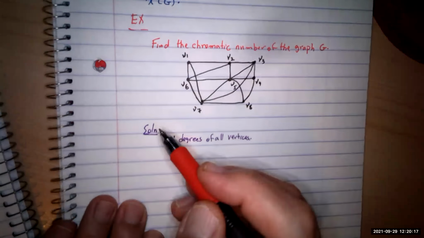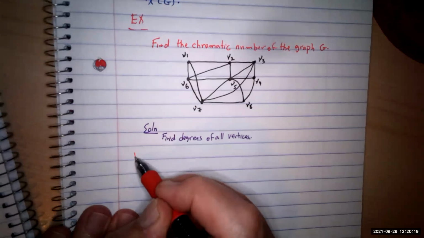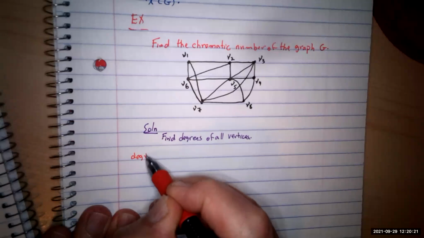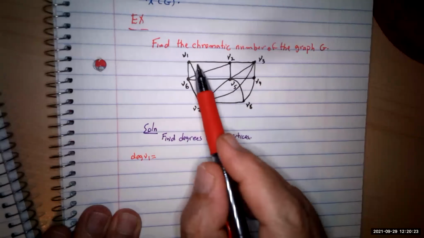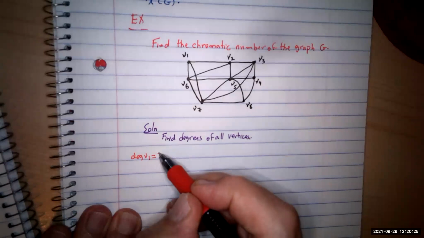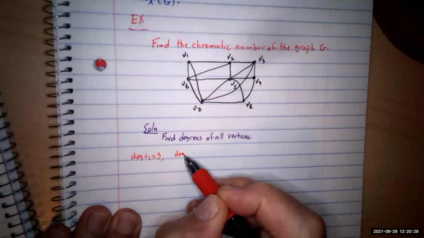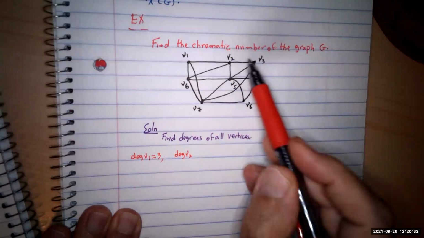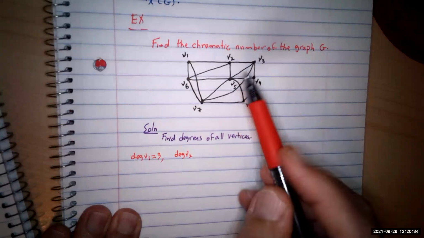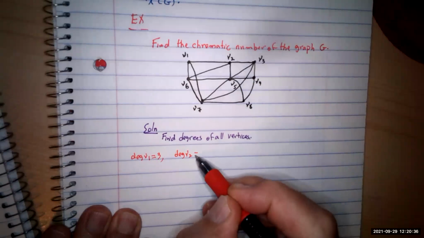So I start with V1. This is the degree of V1, which is equal to 3. Then I just keep going. V2, you see 1, 2, 3, 4, the number of the edges.